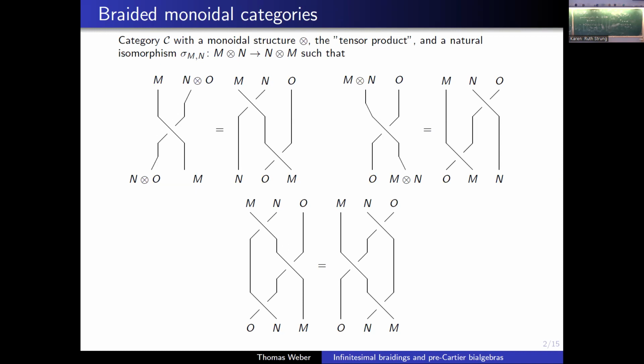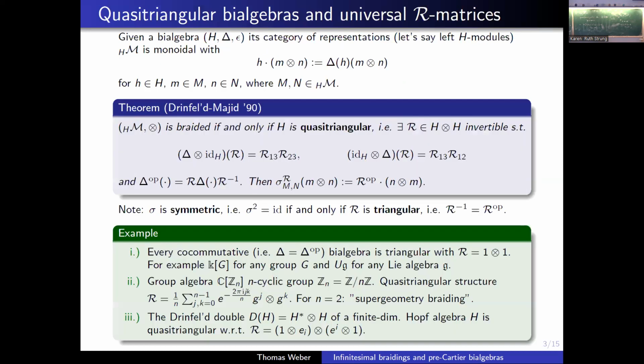As written on the blackboard here, now we are going to look at a special class of braided monoidal categories, namely those that come from bialgebras. If I have a bialgebra H with coproduct delta and counit epsilon, then we look at all the left modules.